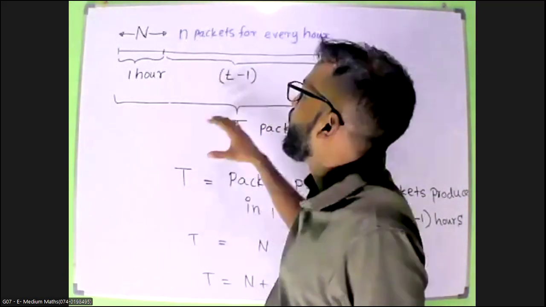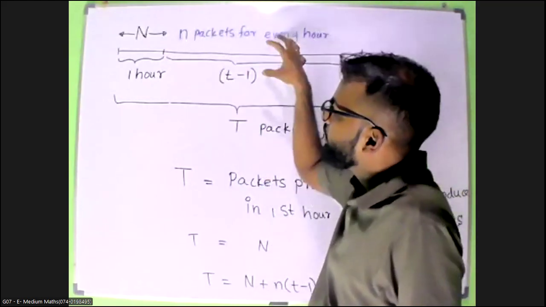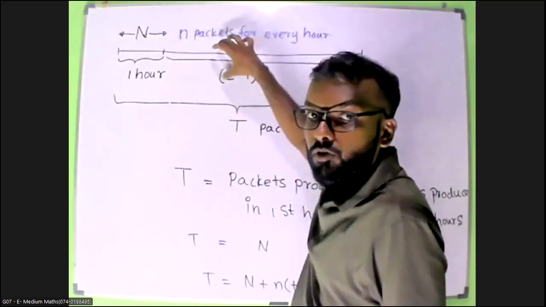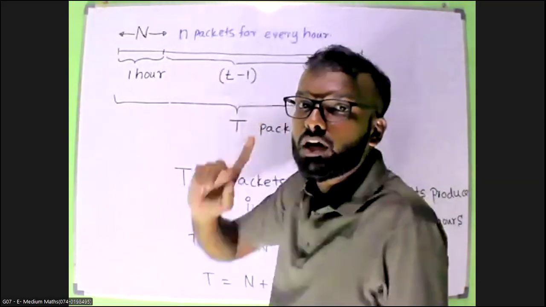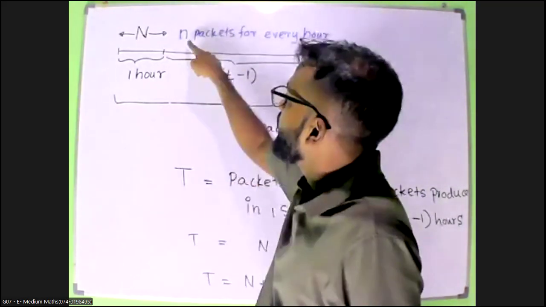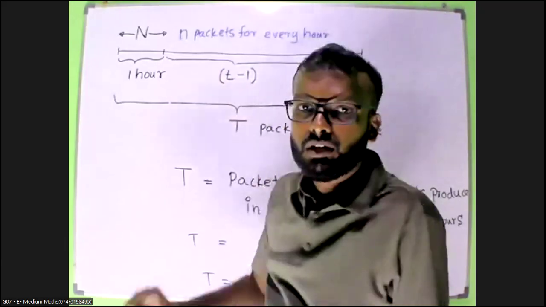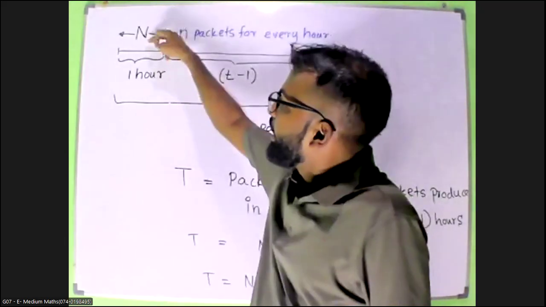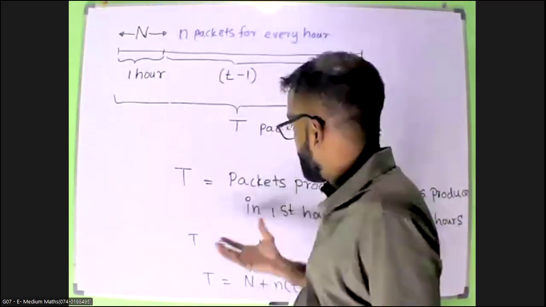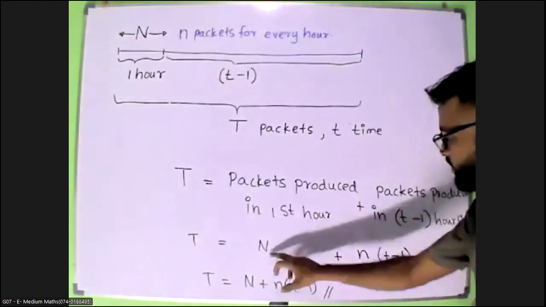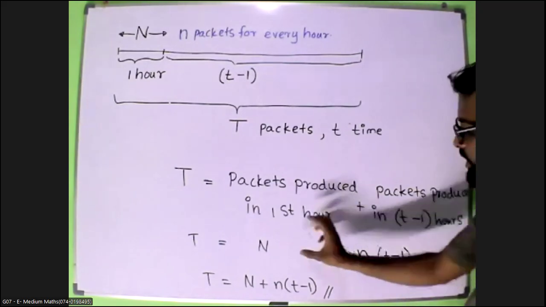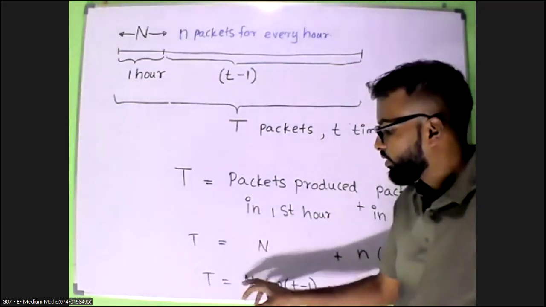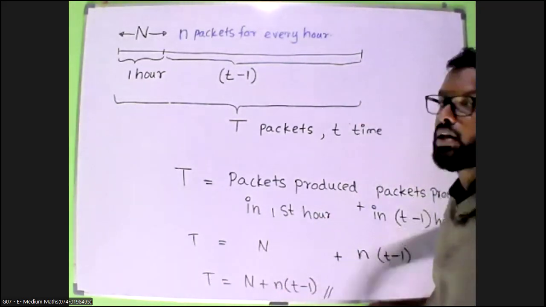If you need to find the total number of packets produced in this T minus 1 time, we need to multiply N times T minus 1. So we can add this one and this one together, N plus this one, right? So that you can find T equals N plus N times T minus 1.